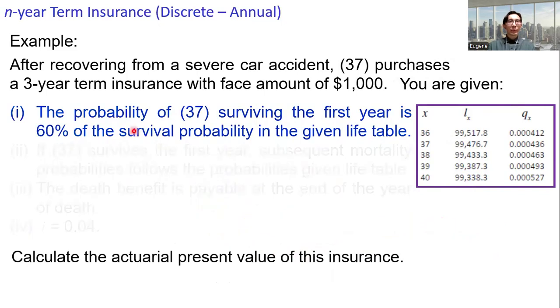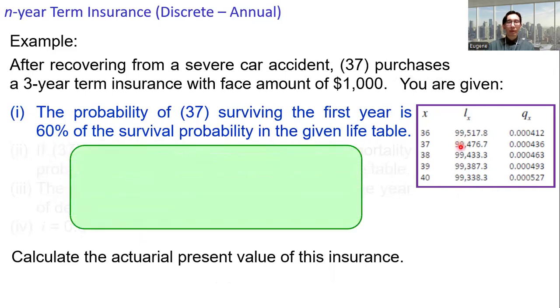All right, so the first point. Surviving the first year, the probability is 60% of the survival probability in the given life table. And here we have q_37 is 0.000436. The survival probability is 1 minus q_37. We get this number.